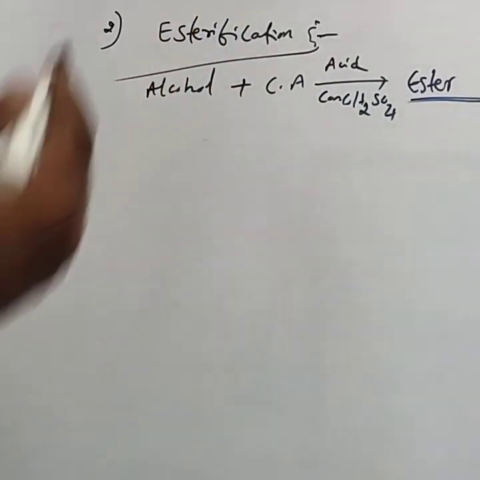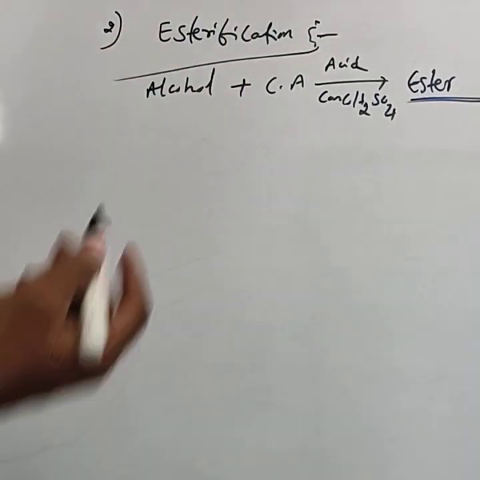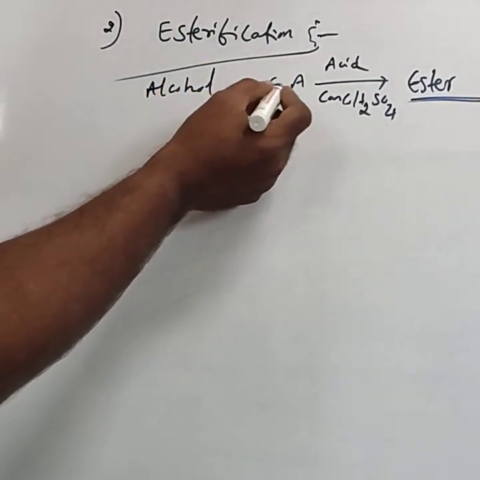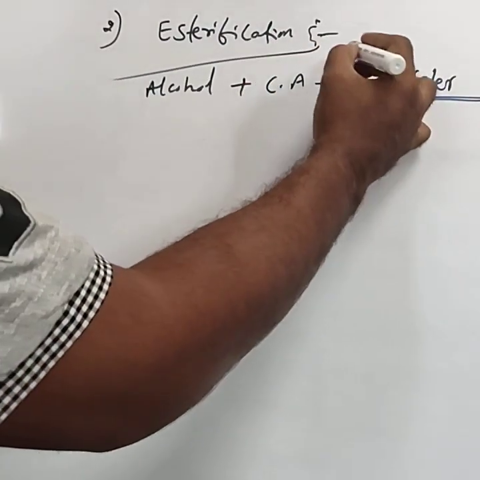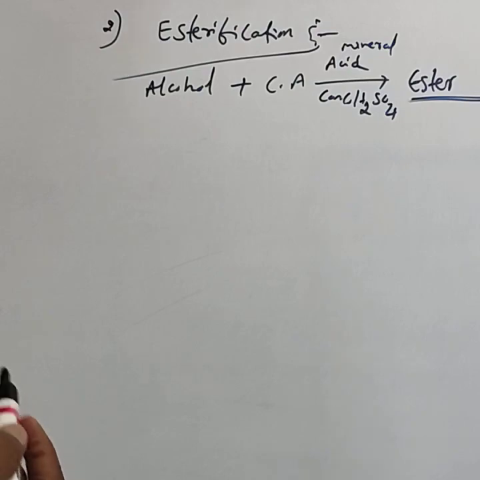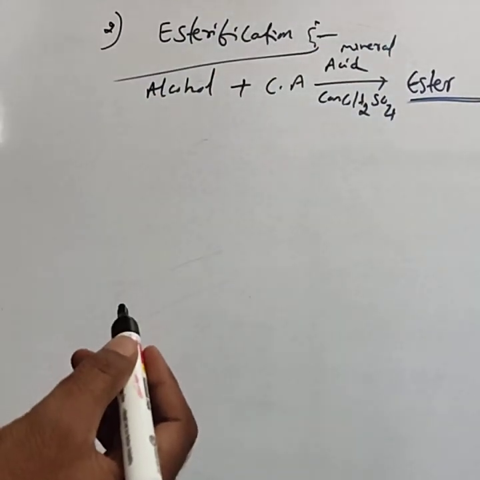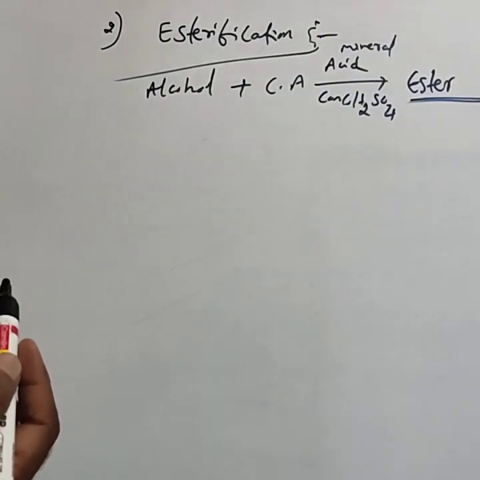Very simple statement. Esterification means an alcohol heated with carboxylic acid in the presence of a mineral acid like concentrated sulfuric acid. The product formed is the ester.